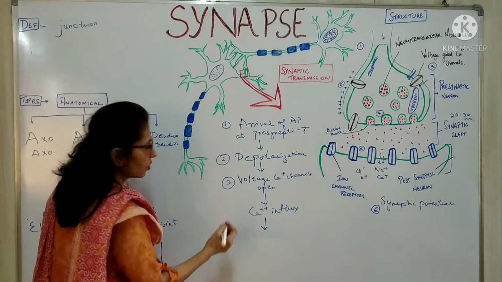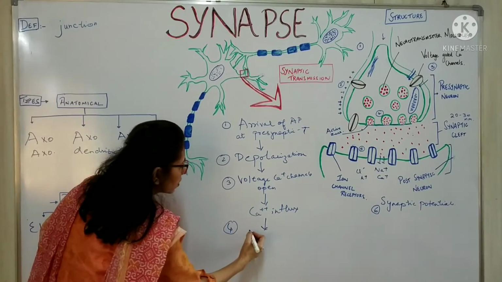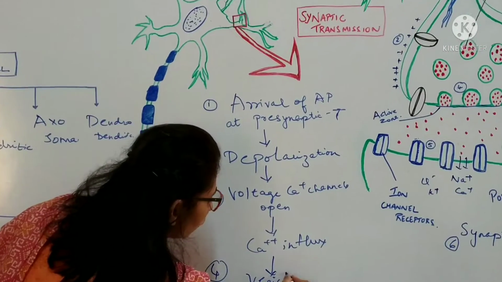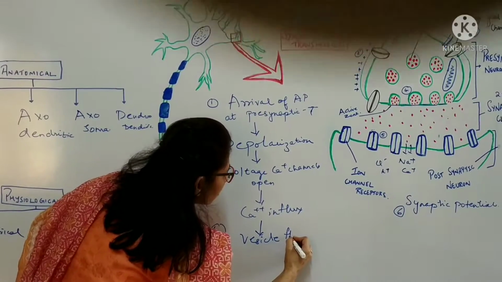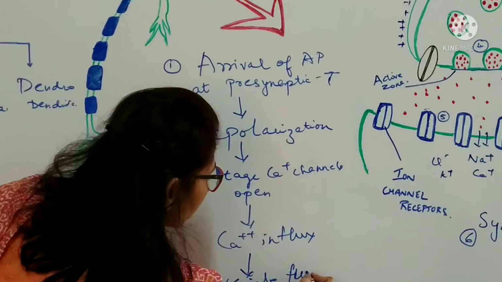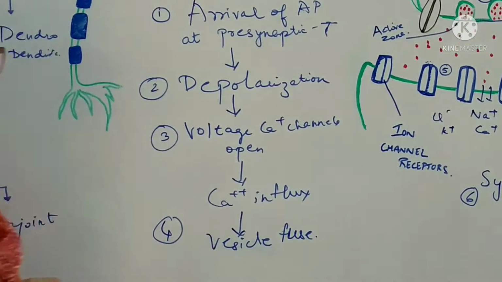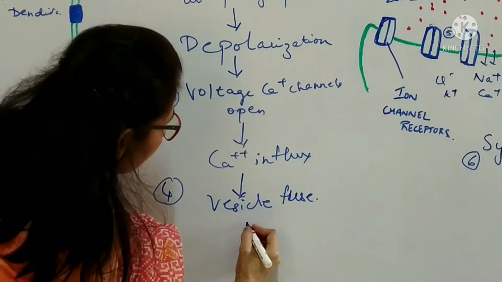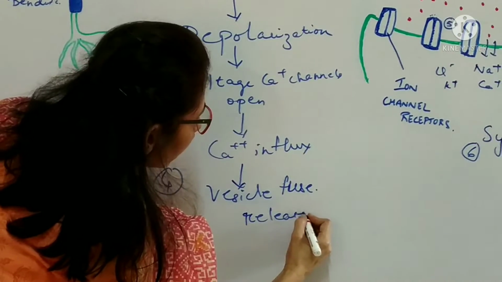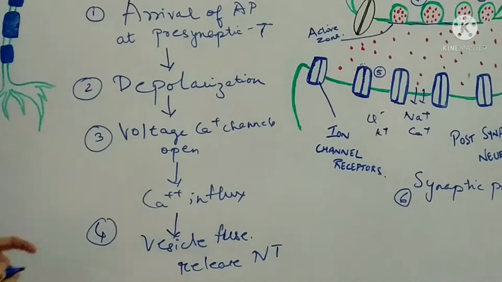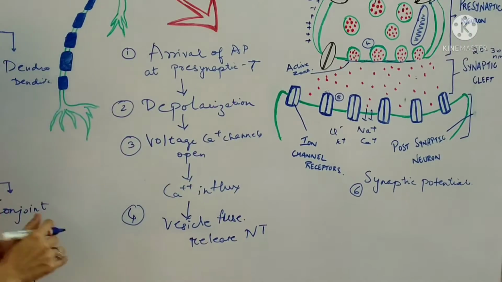If the calcium influx occurs, then the calcium causes the vesicles to fuse with the membrane and release the neurotransmitter by exocytosis. Okay, so there is a release of neurotransmitter by exocytosis.